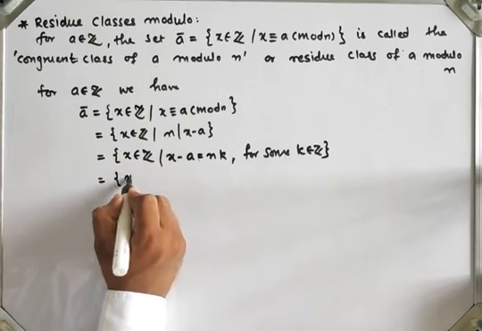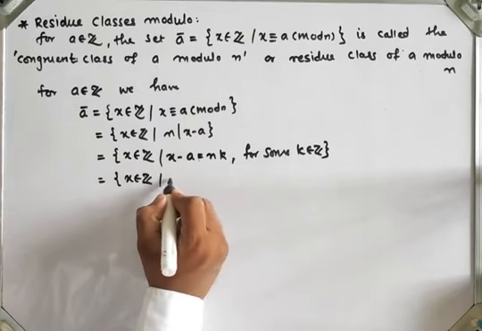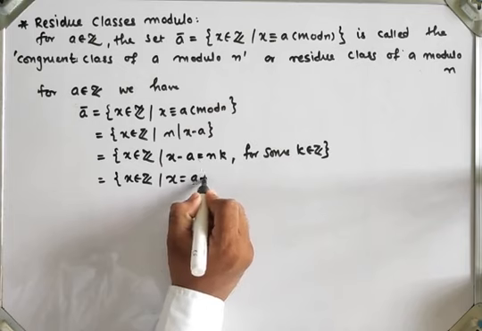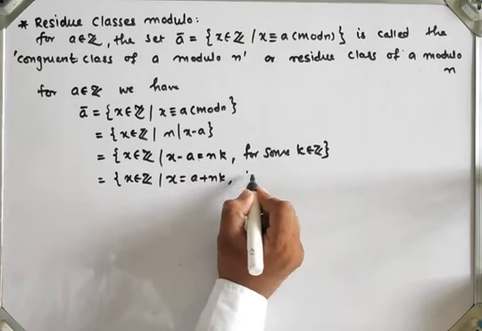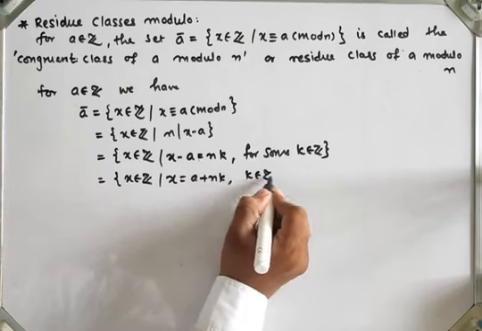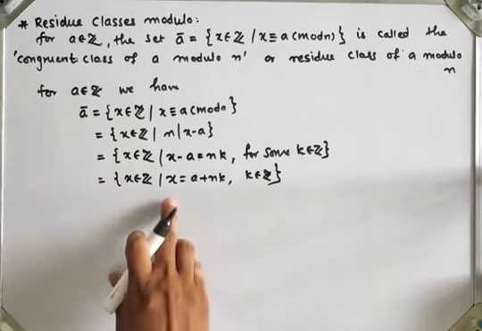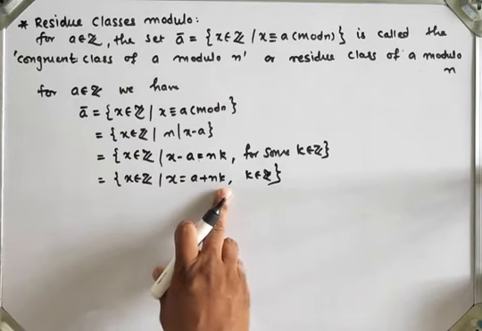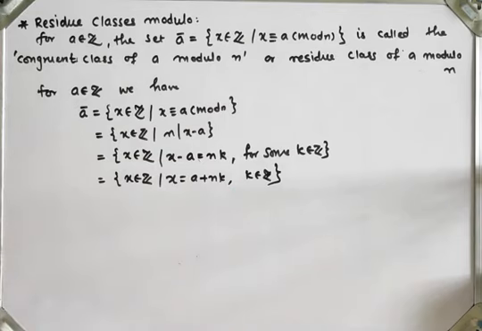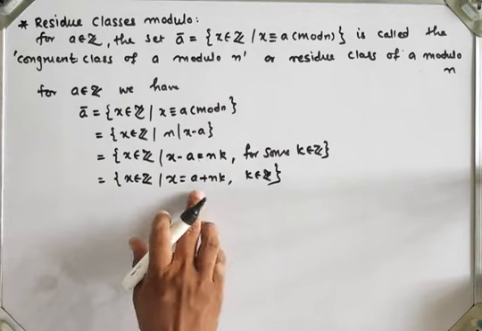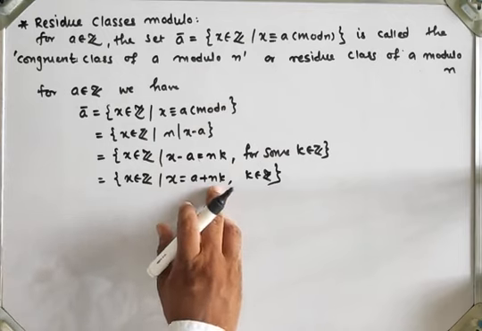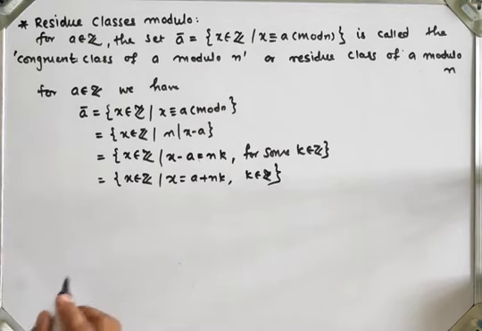So we will get x belongs to the set of integers such that x is equal to a plus nk for k belonging to the set of integers. So this is the residue class of a modulo n.